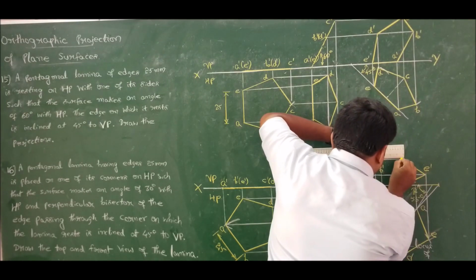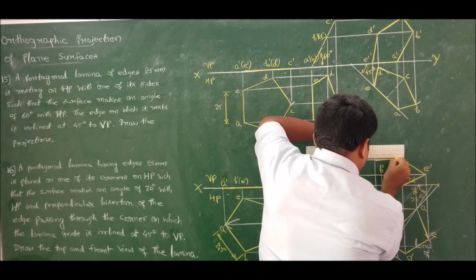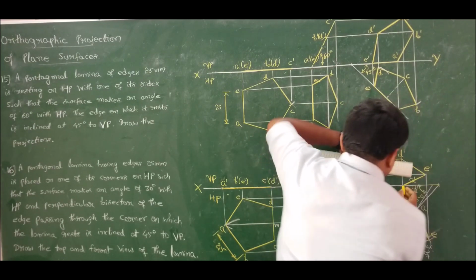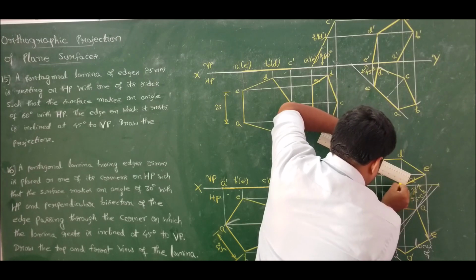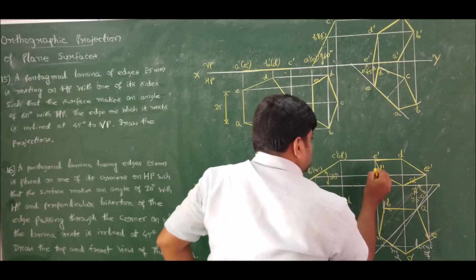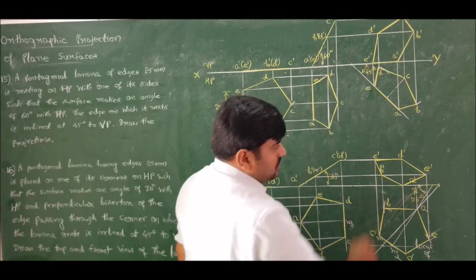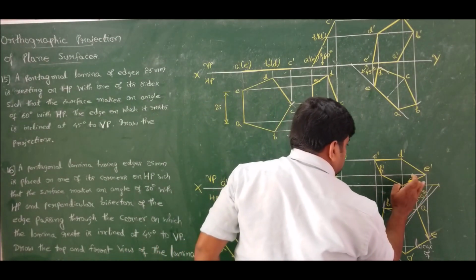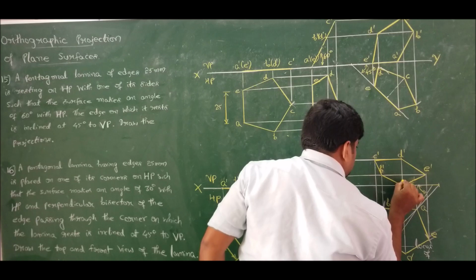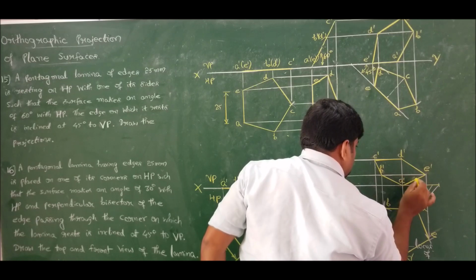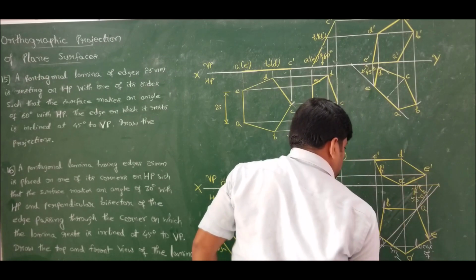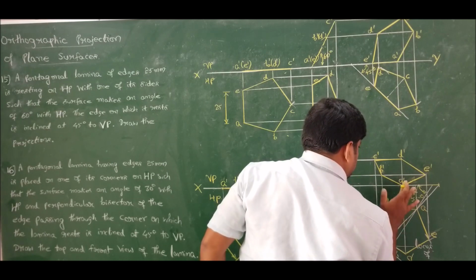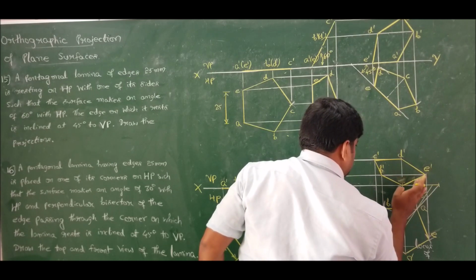So it is resting on corner A dash. So join these corners. This is the required final position of the pentagon, in which it is resting on corner A dash. Let me mark A dash here. Sorry, A dash is here, right? I made a mistake here.